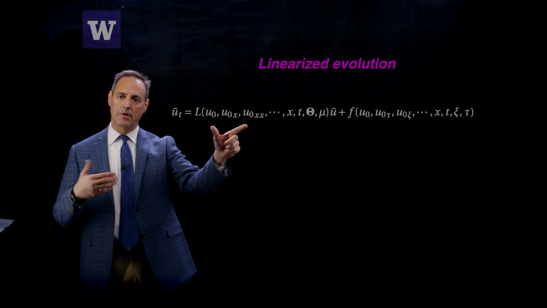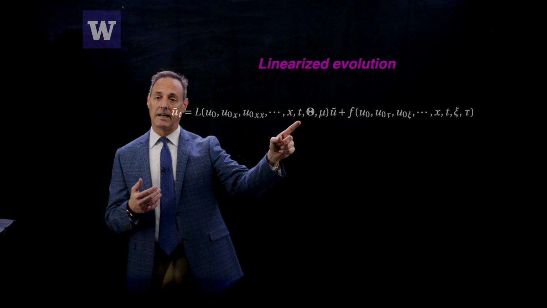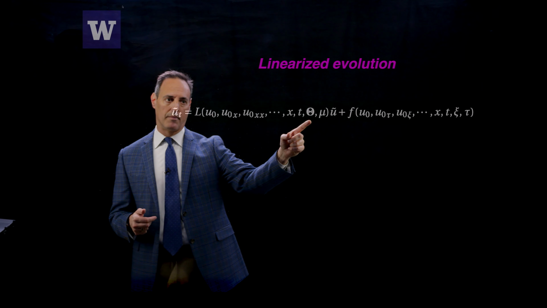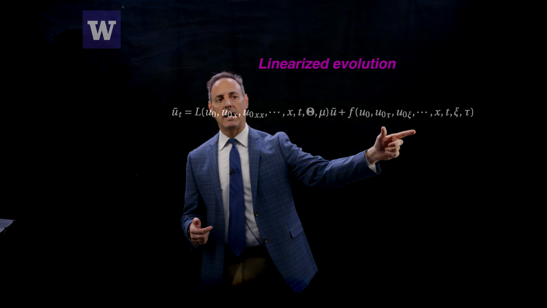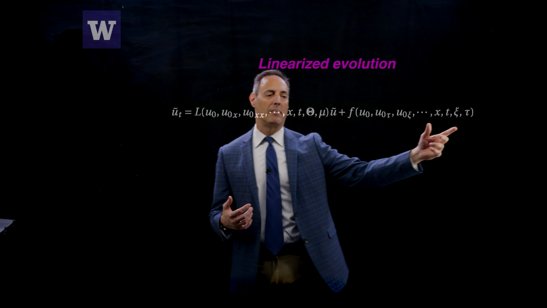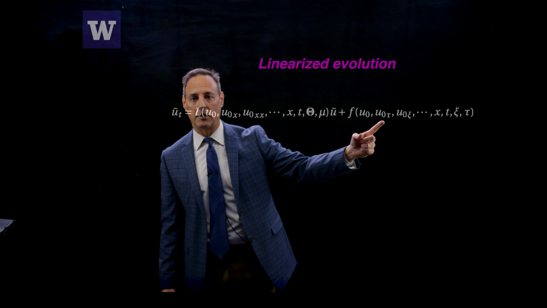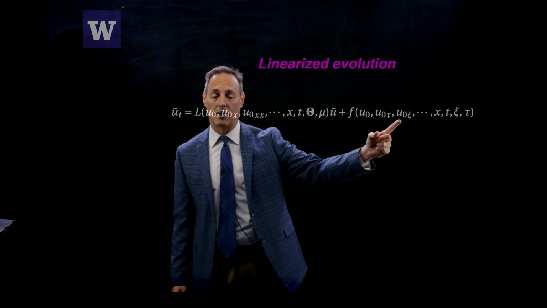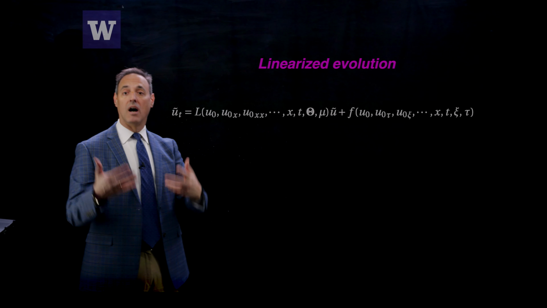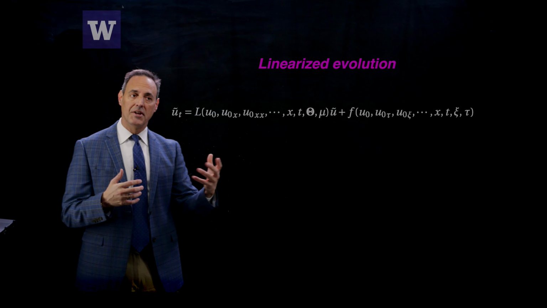This linear operator depends upon the leading order solution u naught, as well as its parameters theta, and of course mu, which is the bifurcation parameter, plus some right-hand side term, which also depends upon the leading order solution, and now also depends upon the slow evolution of the leading order solution, u naught tau, u naught xi. And by the way, the slow evolution of the leading order solution comes through the parameters theta. Okay? So this is what we're going to get.